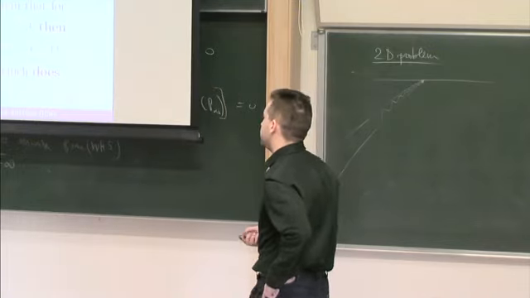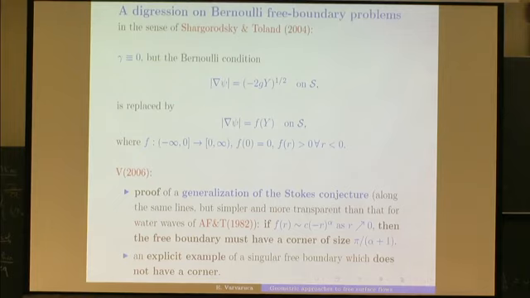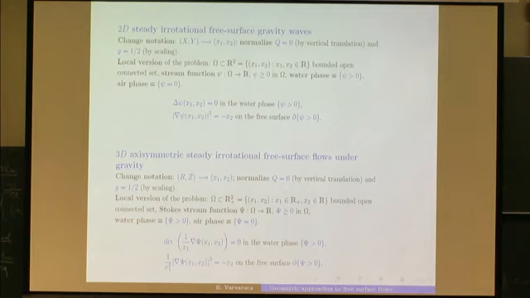So let me put both the problems in a similar framework. In the 2D problem, I will change notation from xy to x1, x2, q equals 0, g equals 1/2, and consider only a local version of the problem.